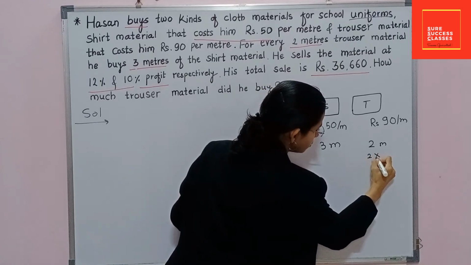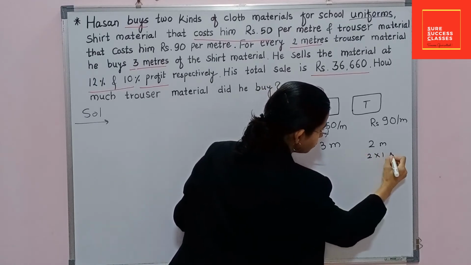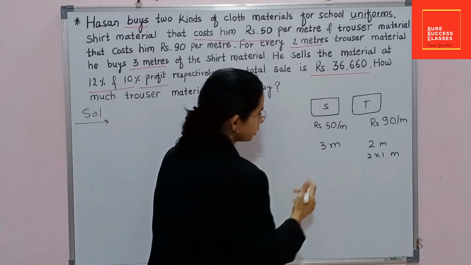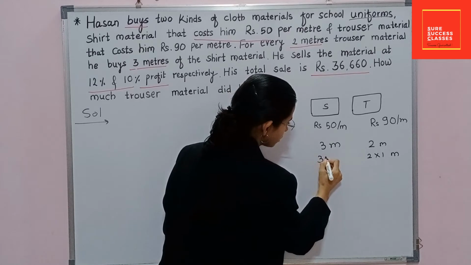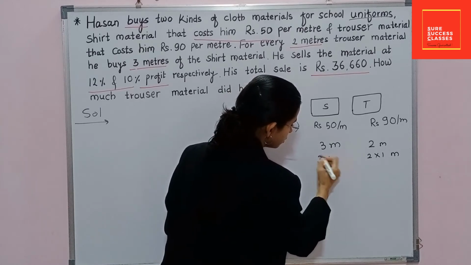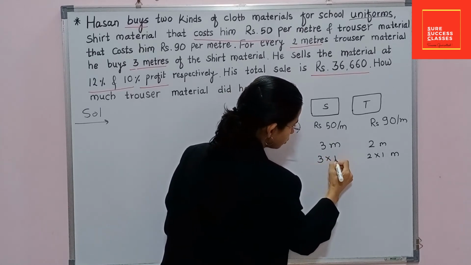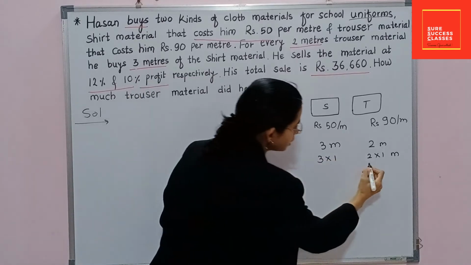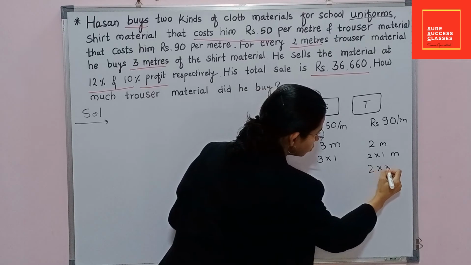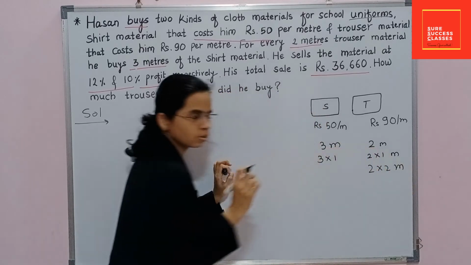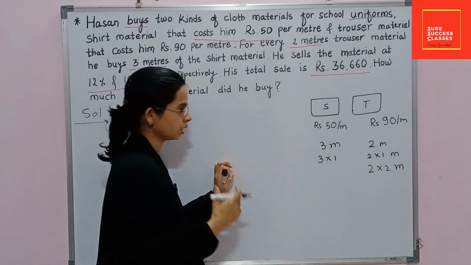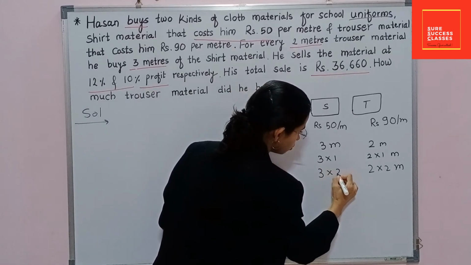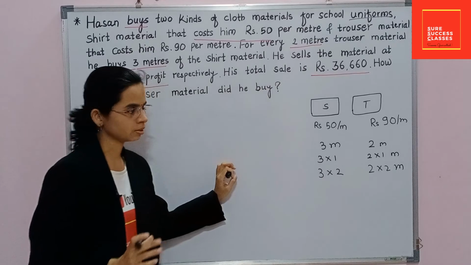He bought 2 into 1, that is 2 meters of trouser material. At that time, the shirt material will be 3 into 1, that is 3 meters. If 2 into 2, he buys 4 meters of trouser material, at that time shirt material will be 3 into 2, 6 meters.